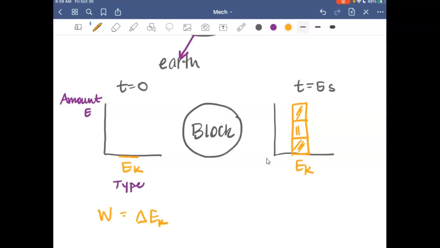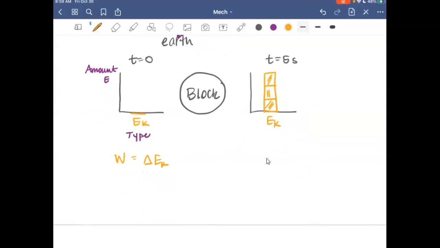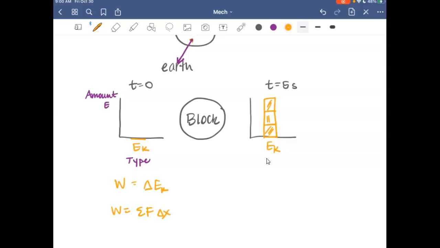Remember that work is the net force times the change in position, and it's the force in the same direction as the acceleration, the component in the x direction, because you don't want to multiply x force by a y displacement. We know better than that.